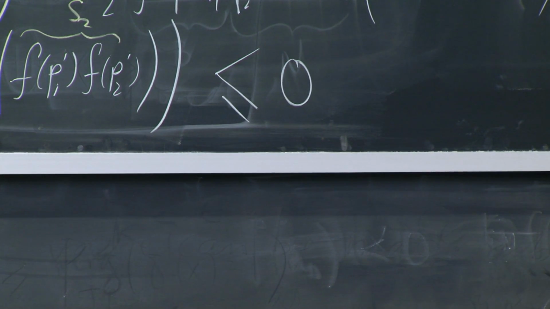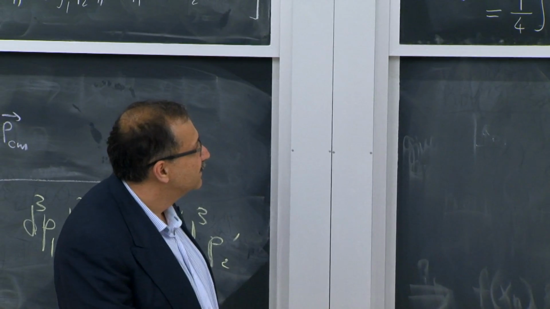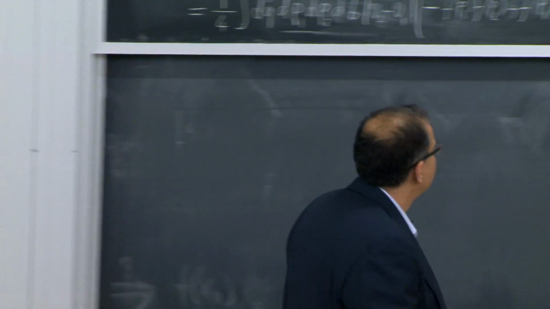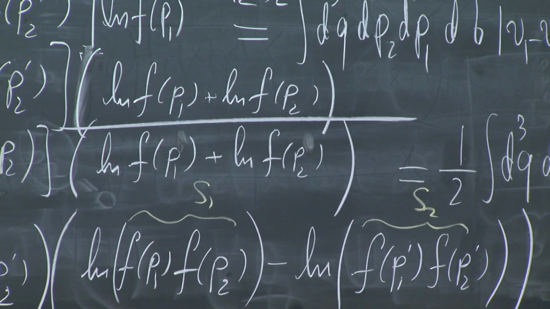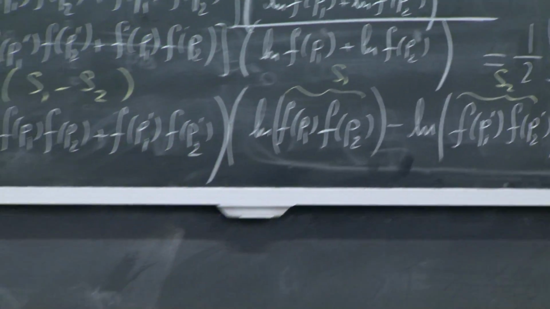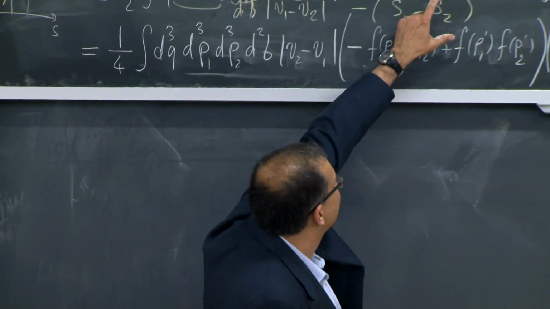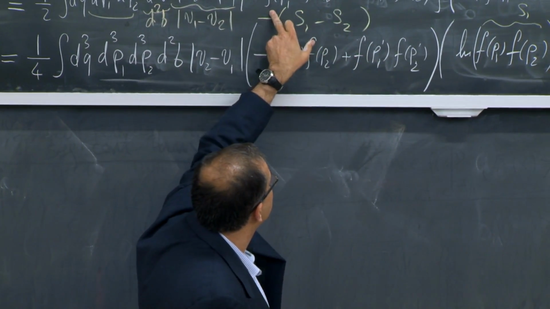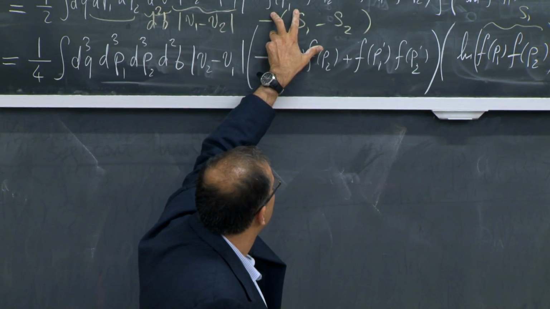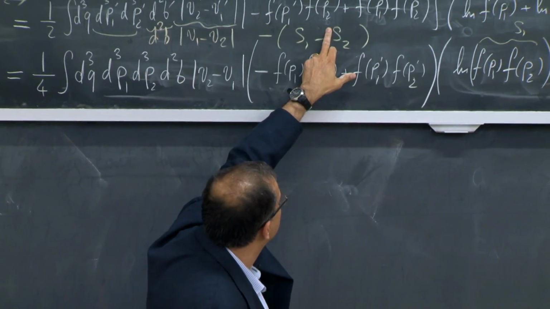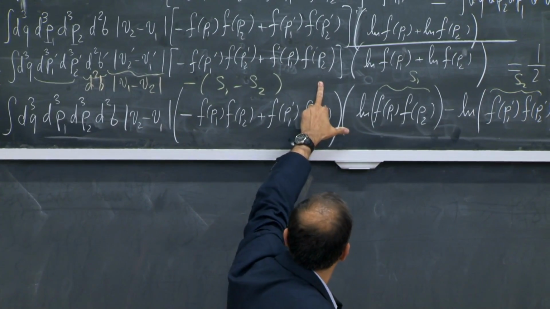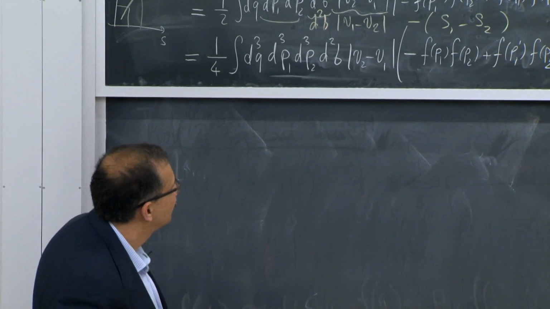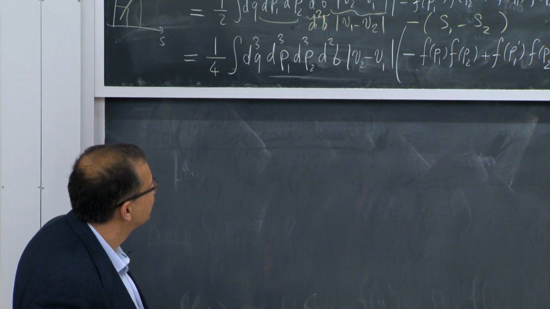OK, so the thing that confused me, and maybe we can go back and look at, is that probably what I was doing here was a little bit too impatient, because when I changed variables, P1 prime, f of P2, I removed the primes.